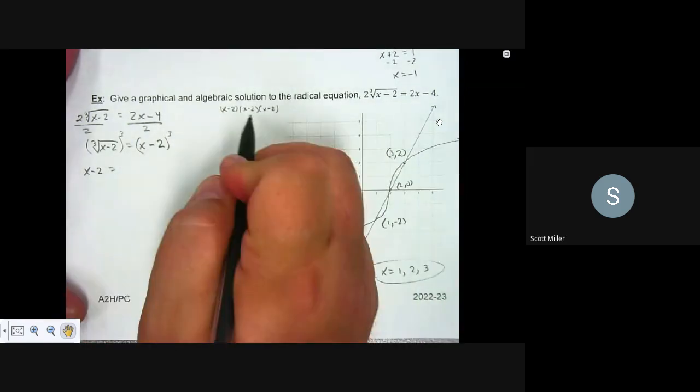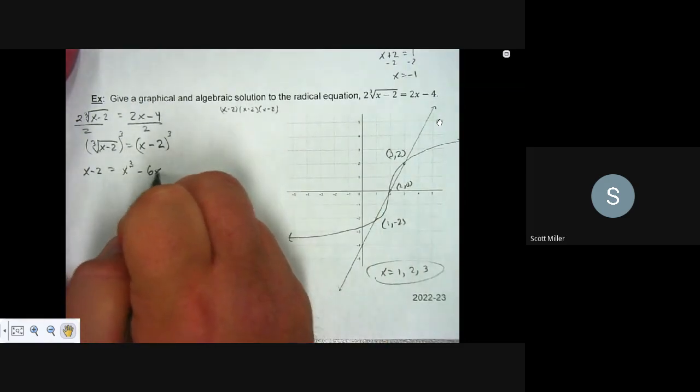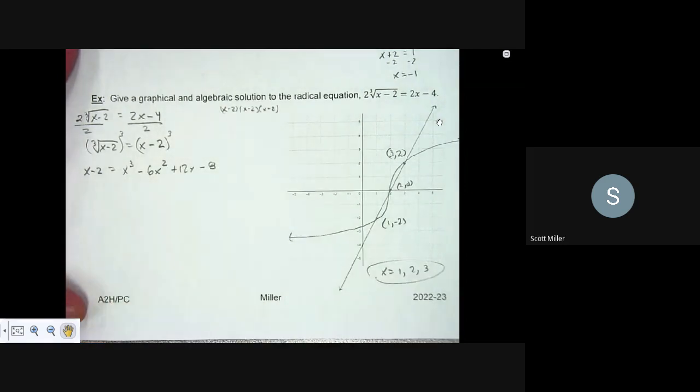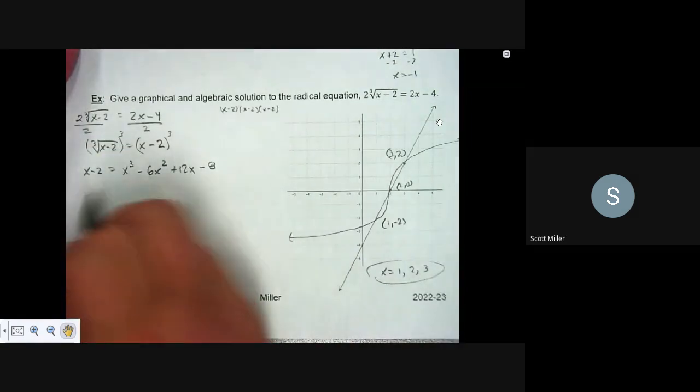Here's how it works. You can just do that on the side, but here's what you'll end up with. You'll get x to the third minus 6x squared plus 12x minus 8. And then you want to bring it as a polynomial, so you bring everything to one side, set it equal to 0. By doing that, you end up with this right here.